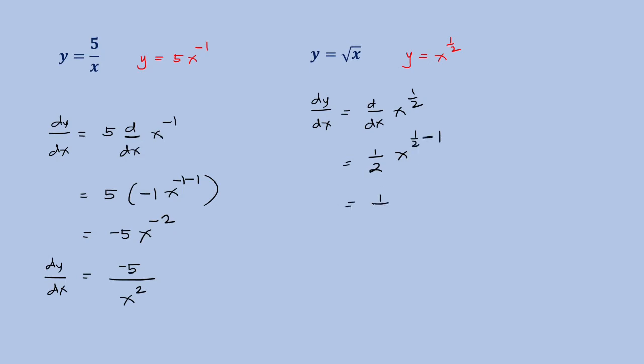So this would be 1 half x, 1 half minus 1 is negative 1 half. Simplifying, we can write this as 1 half times 1 over x raised to 1 half. And 1 times 1 is 1 over 2. And x raised to 1 half is square root of x.